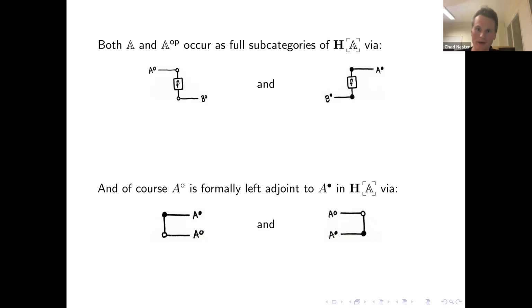And then, as I mentioned a moment ago, A circle is always formally left adjoint to A bullet in the horizontal cells. And this is that perspective where we're formally adding a dual to every object of A. Here, A circle would be representing the object of A, just by these shapes that I can make here. And if you've seen the string diagrams for compact closed categories, that makes perfect sense.